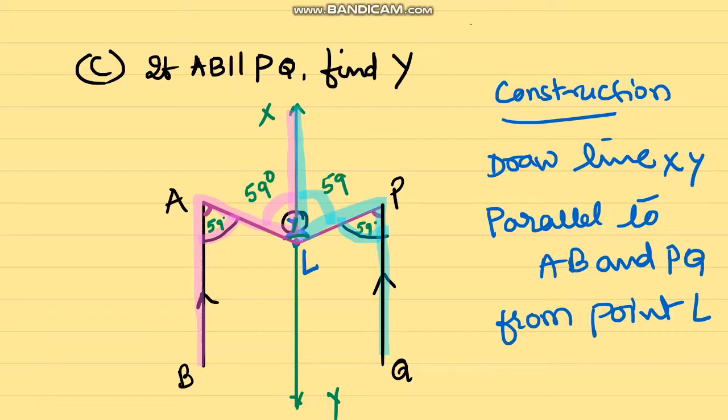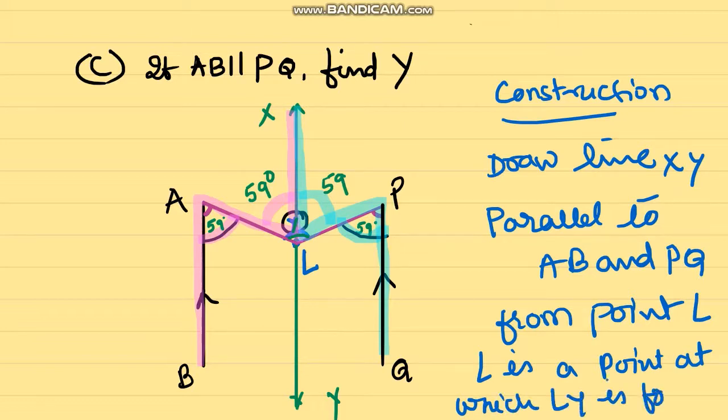Let us say that L is a point at which angle Y is formed. Okay? Angle Y is formed at L.